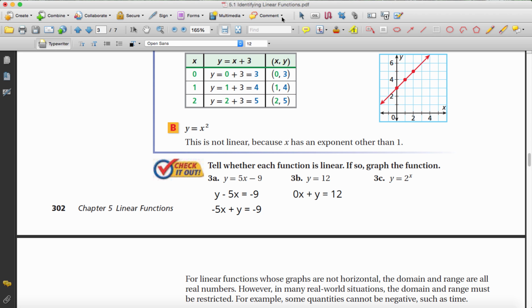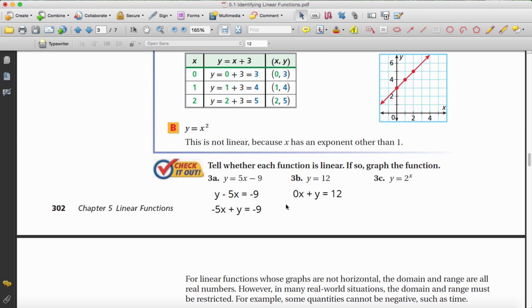That means we can rewrite the equation as 0x plus y equals 12, because we already know that the number 0 times anything is still 0. So this puts it into standard form. Capital A would be 0, capital B would be 1, and capital C would be 12.